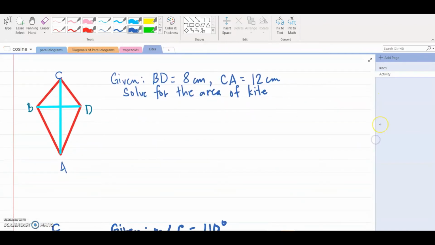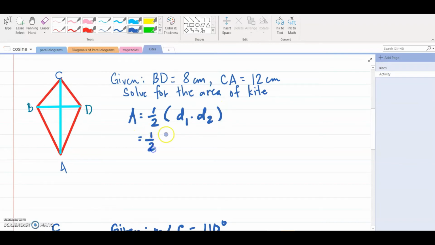Okay. Next, let us now try to solve for the area of this kite given the measure of segment BD, which is 8 centimeters, and CA, which is 12 centimeters. We know that the area of a kite is equal to 1/2 times the product of the two diagonals.